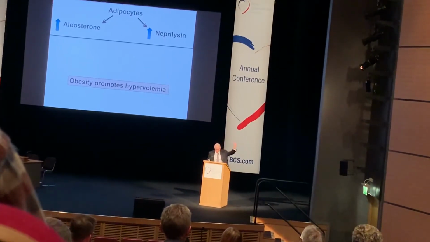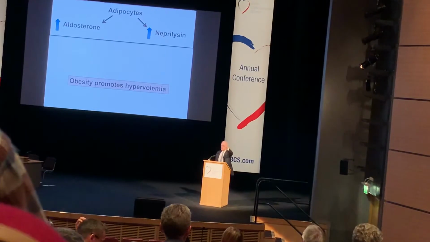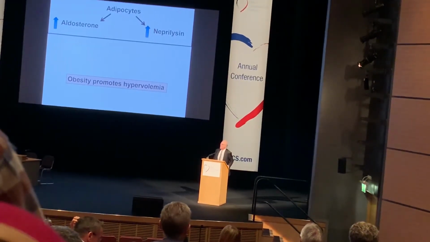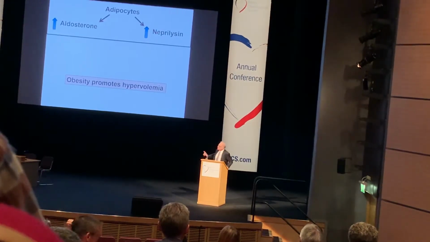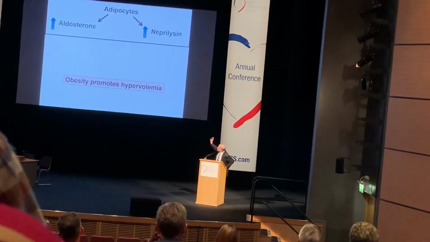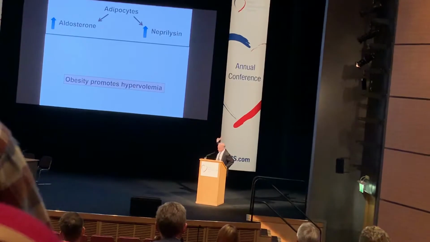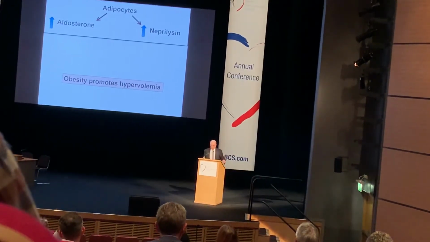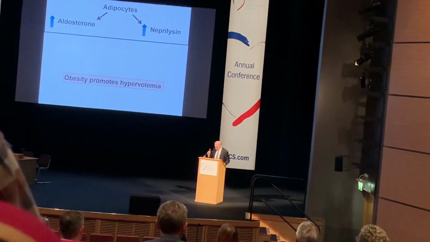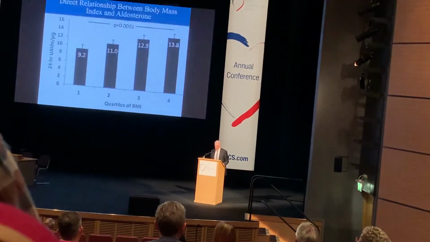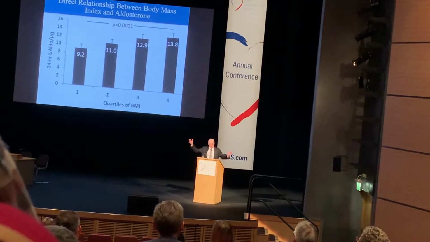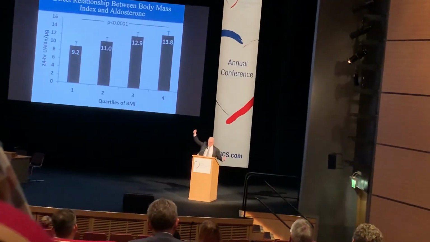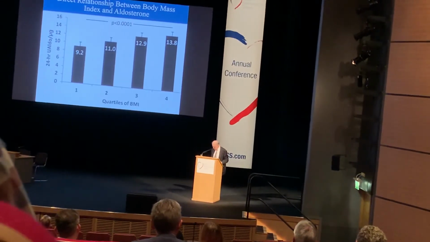I'm going to mention two substances, two mediators that are made by adipocytes, which I think are important regardless of whether we're talking about the syndrome on the left or the syndrome on the right. One is aldosterone. Second is neprilysin. As people's body mass index increases, circulating levels of aldosterone increase.